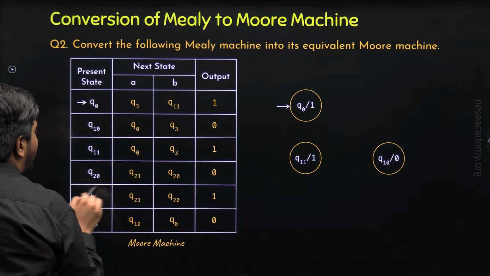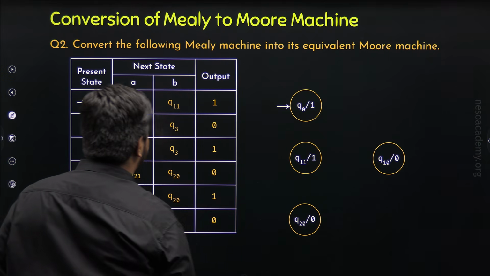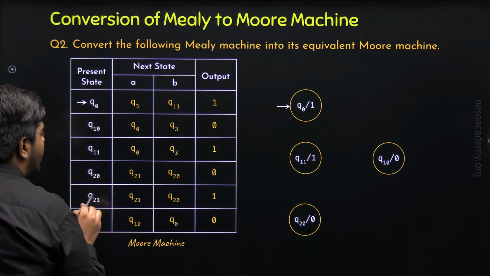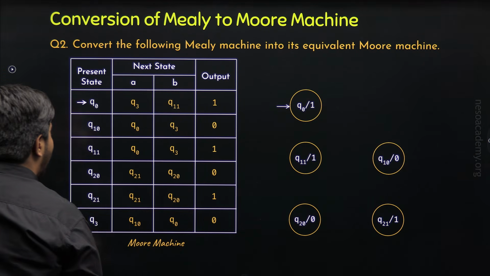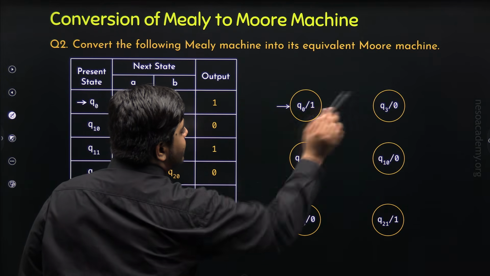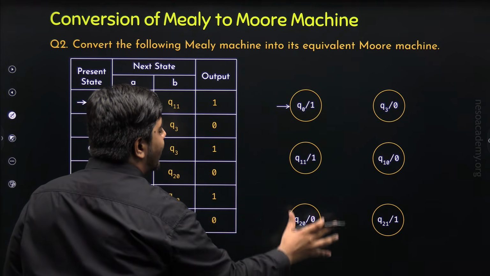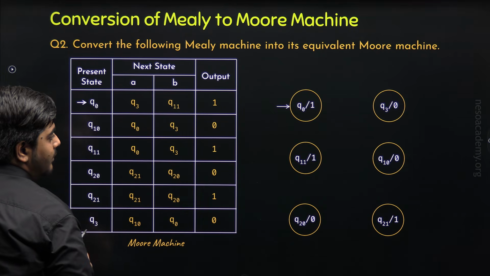Next state is Q20 associated with 0. Next we have Q21 associated with 1. And the last one is Q3 associated with 0. So these are all the 6 states that we have drawn according to this transition table.